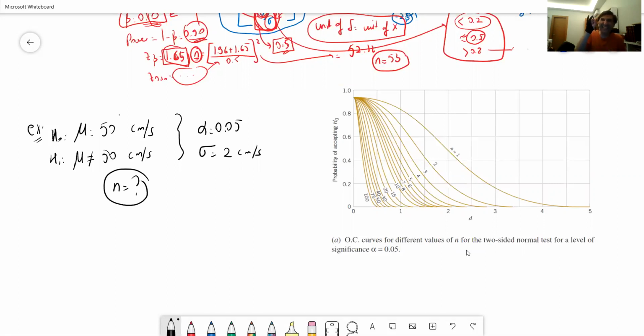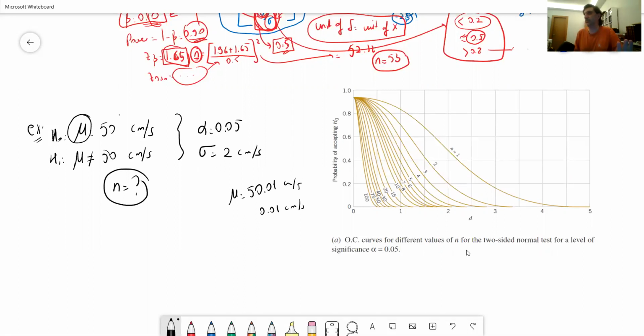So what is the significant value of the difference from this suggested population mean value that we would like to detect? For instance, if mu is equal to 50.01 centimeters per second, do we really want to detect a deviation of 0.01 centimeters per second? This question can only be answered on an experimental basis.